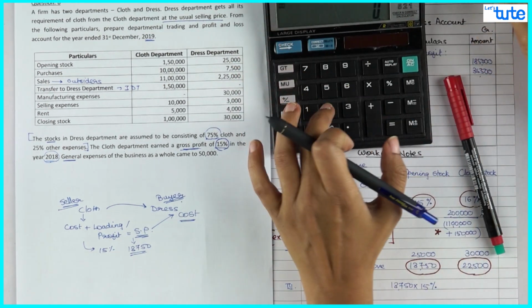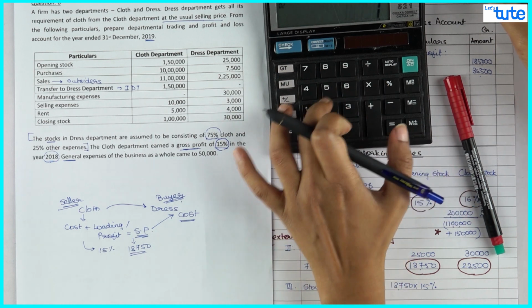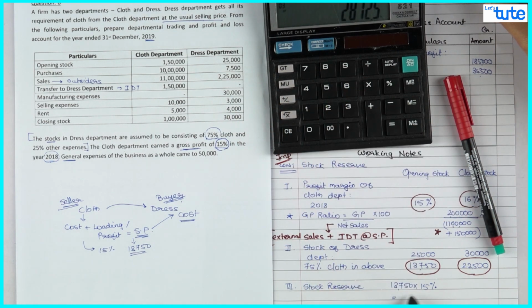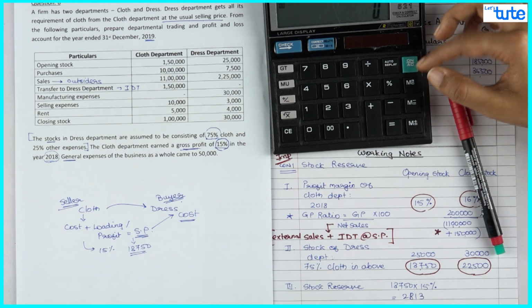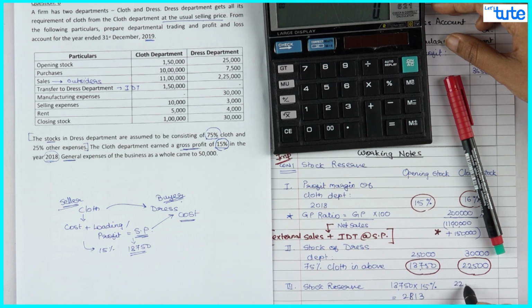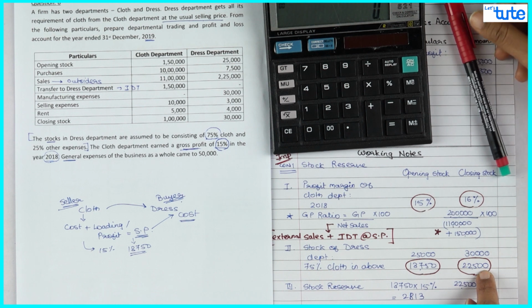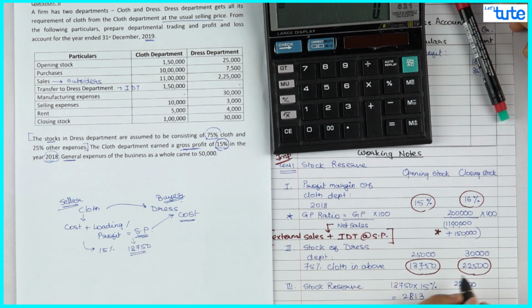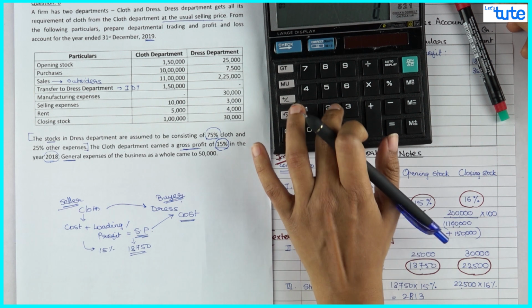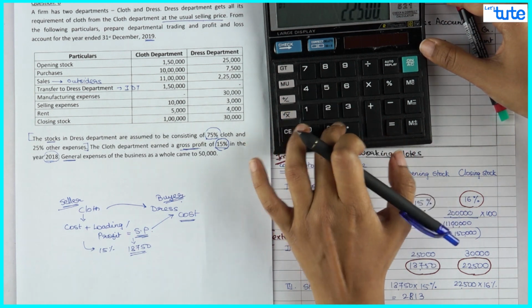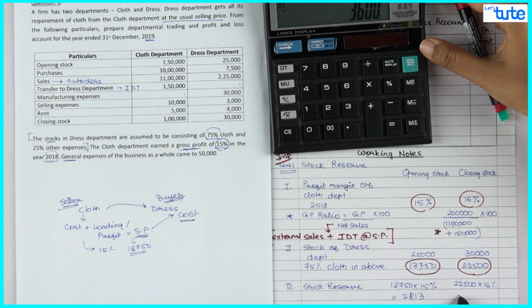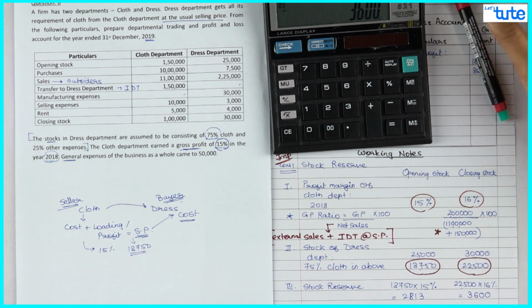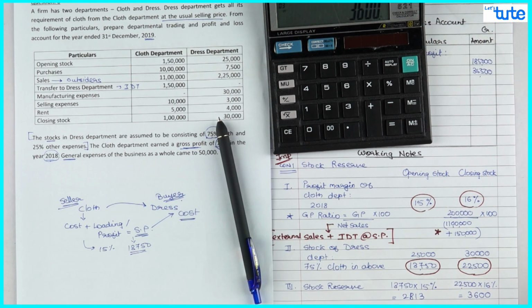So 18,750 into 15% GP ratio, that comes to 2813 we can say, and similarly 22,500 is cost to dress department but selling price to the cloth department, and this is the profit ratio of cloth department. So 22,500 into 16%, so that comes to 3,600. So these are our final figures of unrealized profit, or we can say as stock reserve.